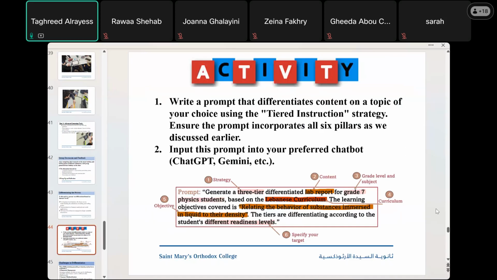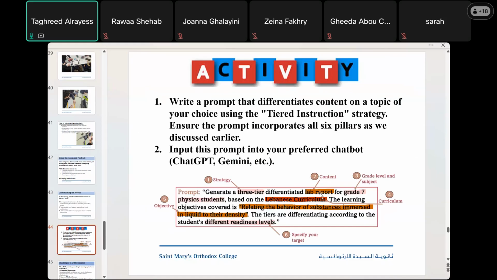And then when your prompt is ready, we want you to input this prompt into your preferred chatbot. So make sure again that your prompt includes all of the following 6 pillars: the strategy, the content, and just change the highlighted part to the material of your choice.